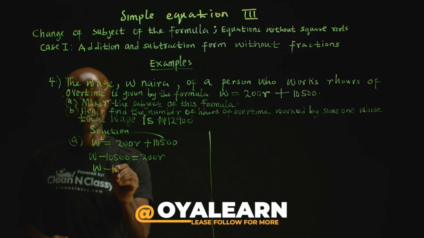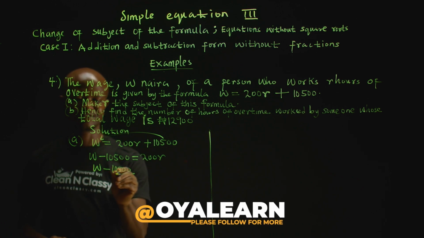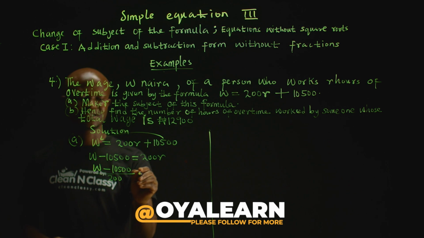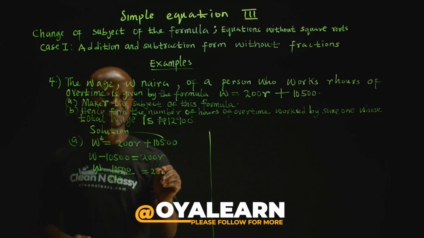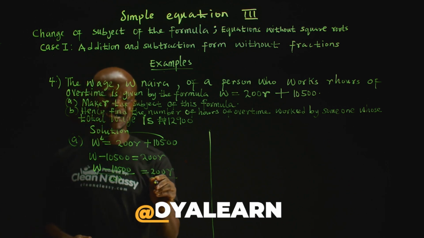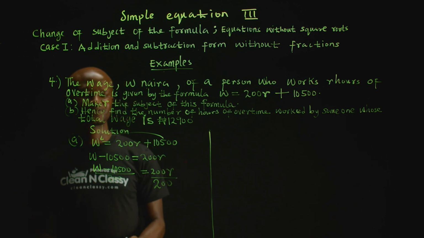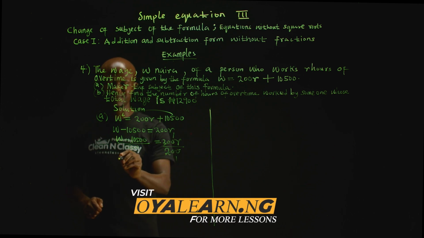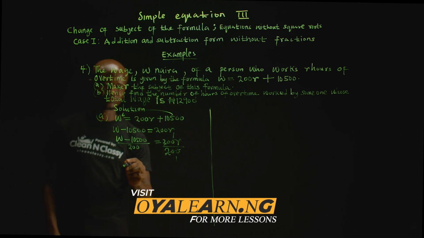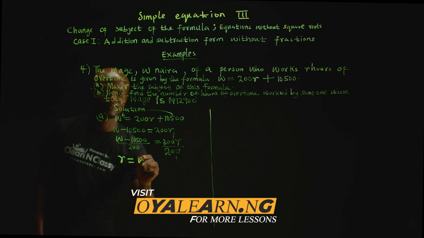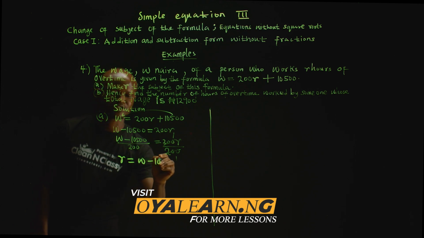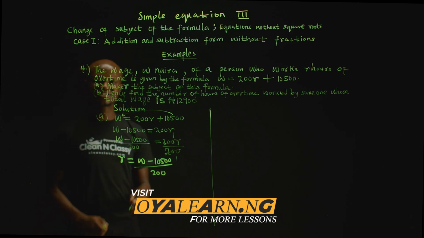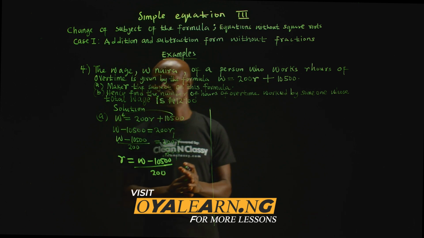W minus 10,500 divided by 200 equals 200R divided by 200. So 200 here 1, 200 here 1. So R equals W minus 10,500 divided by 200. That is the solution to the first part of the question.